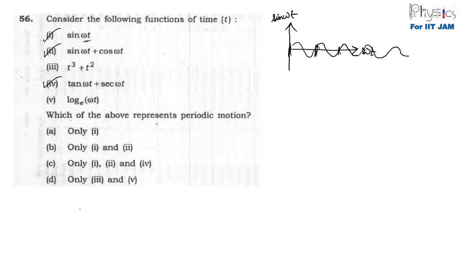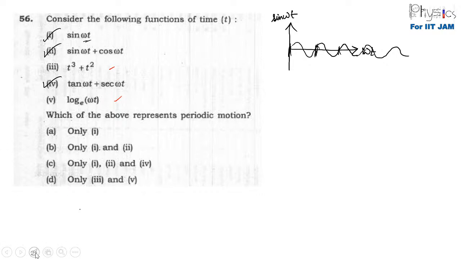But 3 and 5, these two are non-periodic. That is, they will not repeat themselves after a certain time.